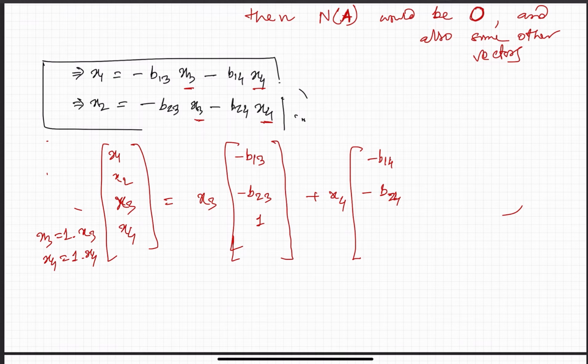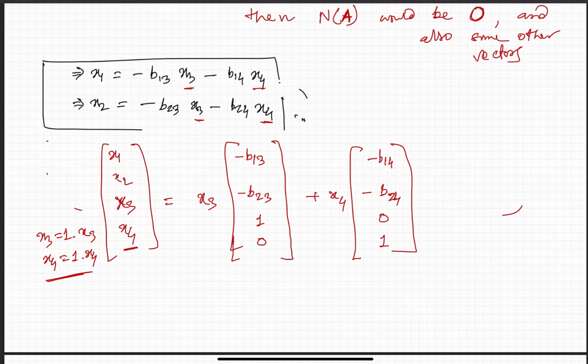and x4 has no component of x3, so that would be 0. And for x4, the coefficient of x4 would be 1, like I've just shown here.